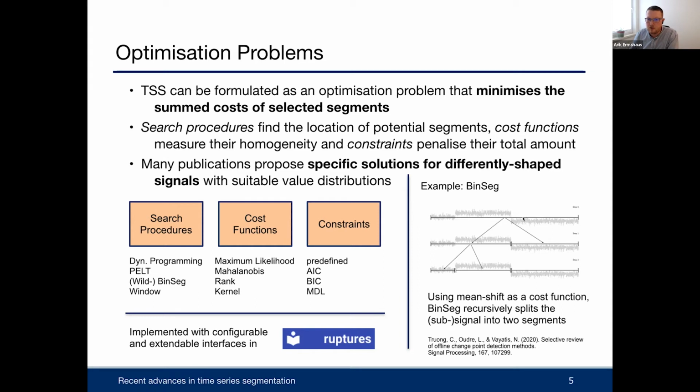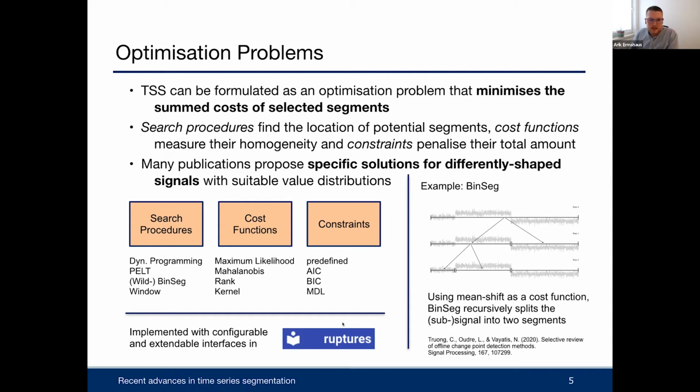You do this for every possible split, and then you find the split that divides this time series best into the first and the second segment, and then you apply this recursively, so you end up with a segmentation. It is maybe one of the first algorithms, and it is really fast if applied with a not so complex cost function, and actually leads to good results, as we will see later on.